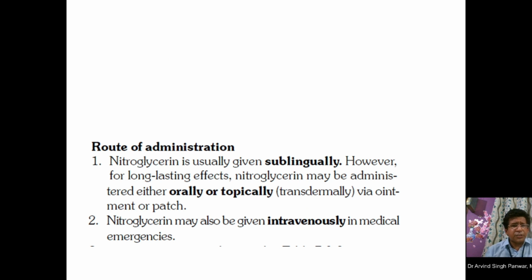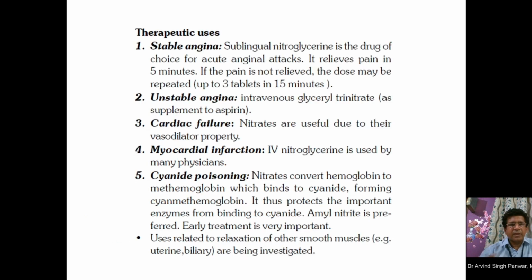Route of administration: nitroglycerin is usually given sublingually. However, for long-lasting effect, nitroglycerin may be administered either orally or topically. Nitroglycerin may also be given intravenously in medical emergencies. Therapeutic uses of nitroglycerin.